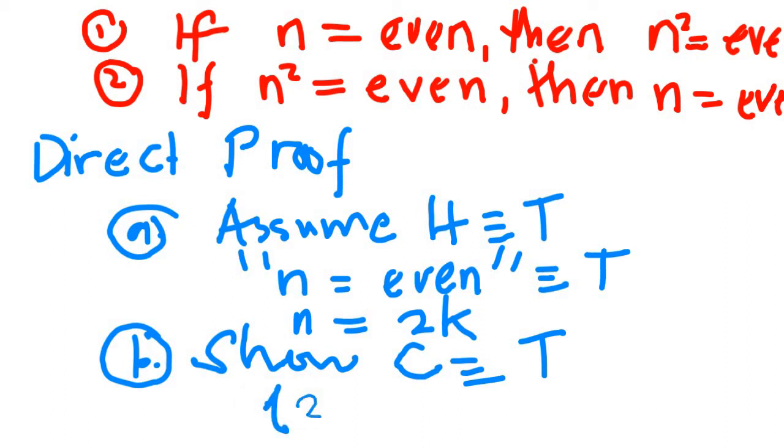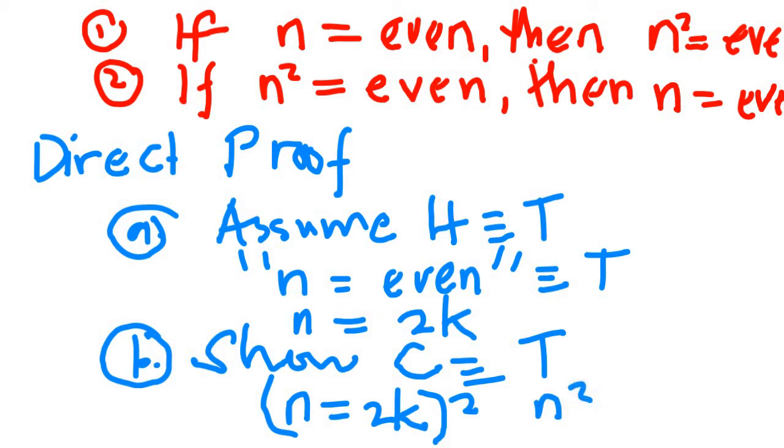So n equals 2k, squared, and you have n squared is equal to 4k squared.